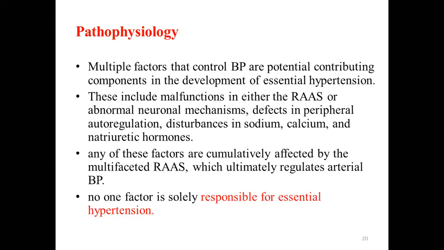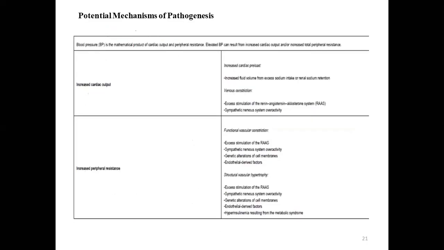So if there is a malfunctioning of either the RAS, or abnormal neuronal mechanism, or a defect in the peripheral autoregulation, it can increase the risk of having hypertension. So no one factor is solely responsible for essential hypertension. It is multifactorial.